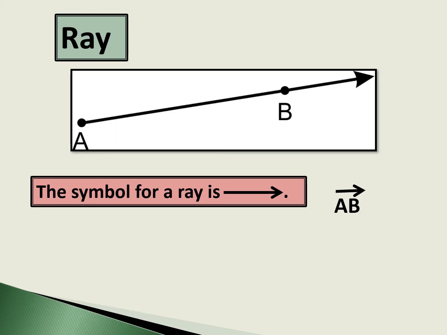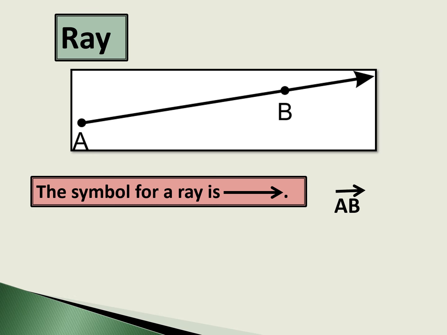The next geometric term about which we are going to talk is the ray. A ray is a part of a line. It has one endpoint and goes on endlessly in one direction. We name a ray beginning with its starting point and any other point on it.